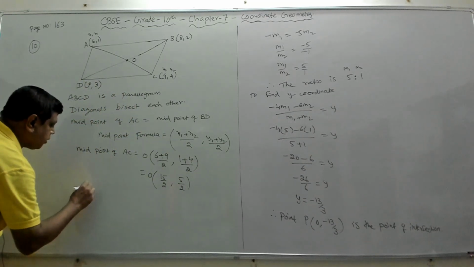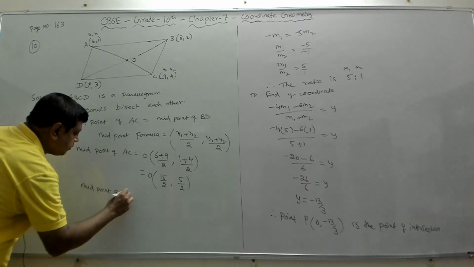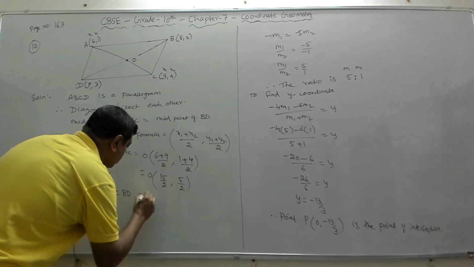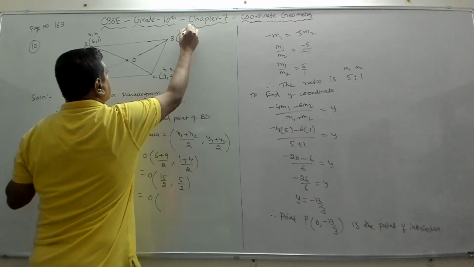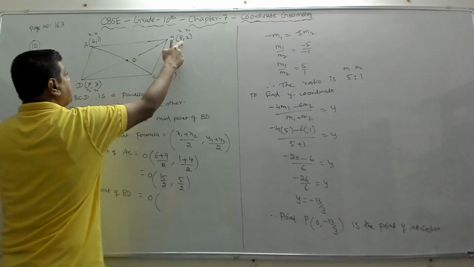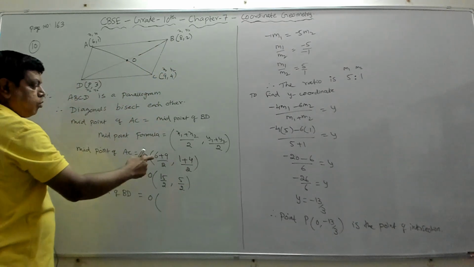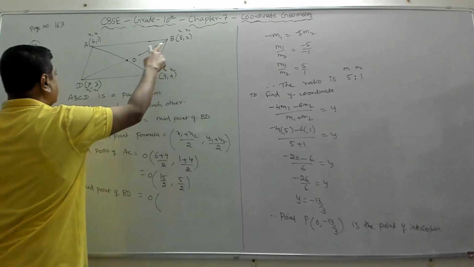Now let's find the midpoint of BD. That is also O of, if I take this as x1 y1 and this as x2 y2, then we are applying the midpoint formula for these two to get the point, and that will be the same point as this point. So if you apply this, x1 is 8, x2 is p.